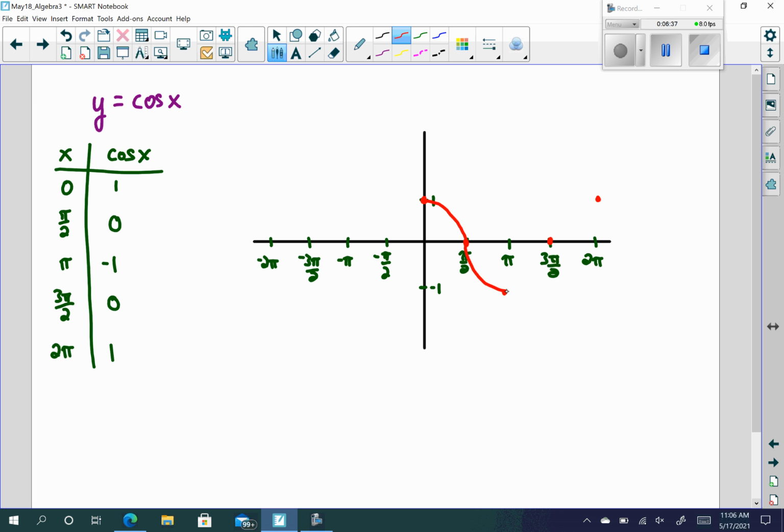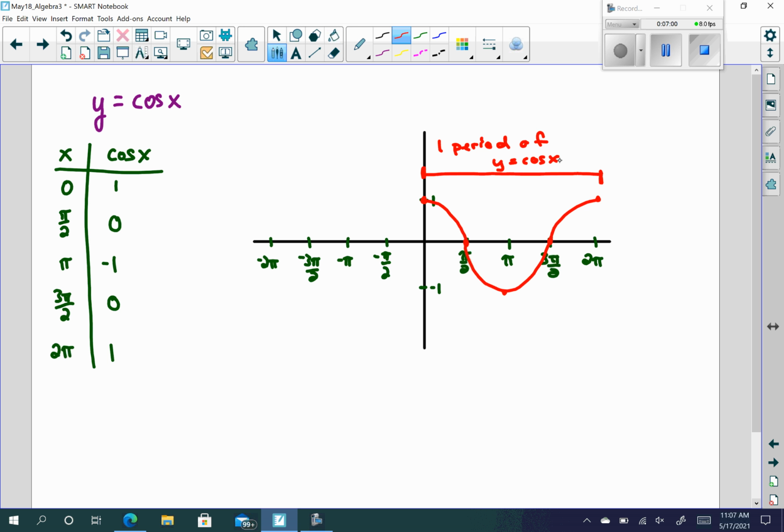We want to continue that smile going up to this point. And concave down we consider to be like a frown, so we want to draw part of a frown right here. So from x equals 0 to x equals 2 pi, this is 1 period of y equals cosine x.